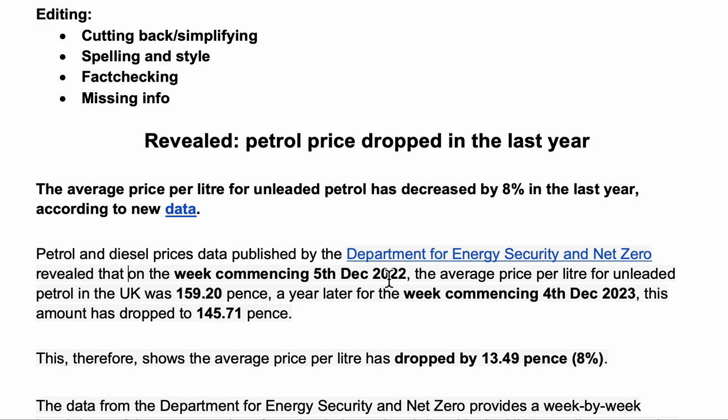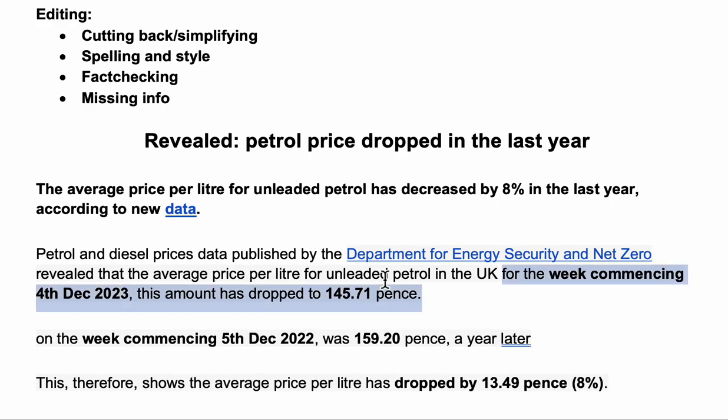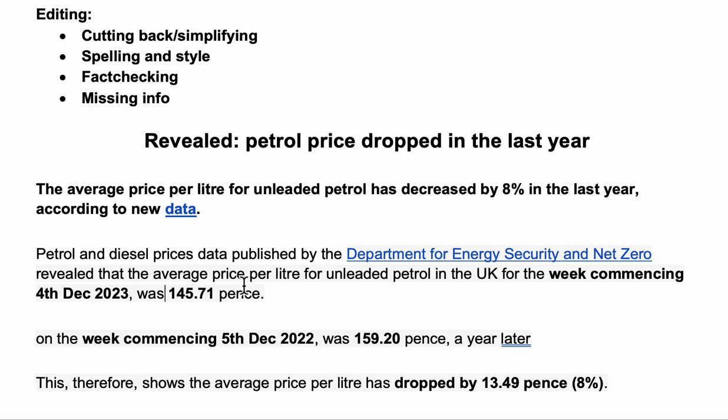It's including that information in the new data, and the new data is basically the latest price, which is that the average price for unleaded petrol was 145.71 pence.